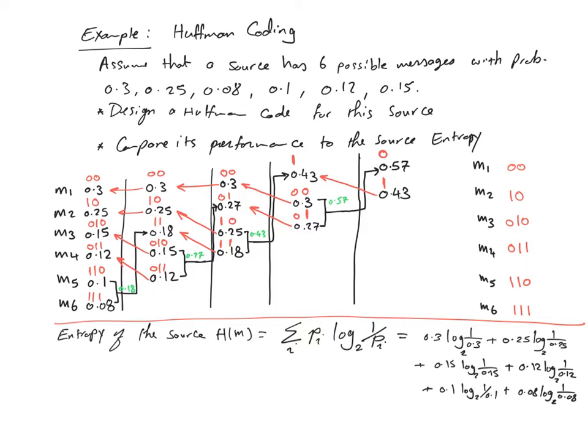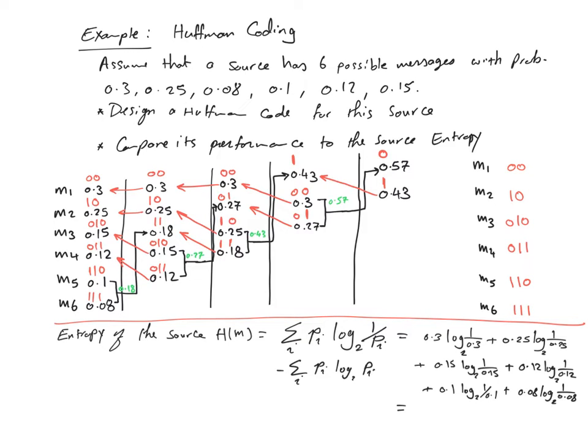Can anyone do the math and tell me what the result of this is? You can do it this way, and it's exactly similar to saying minus summation pi log to the base 2 pi, right? It's the same thing. Whether it's log 1 over pi or minus log pi, they are the same. What's the result?